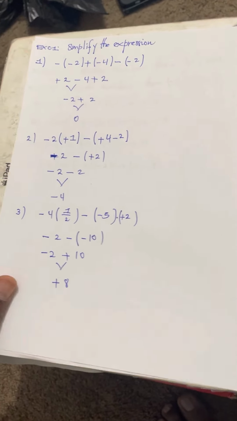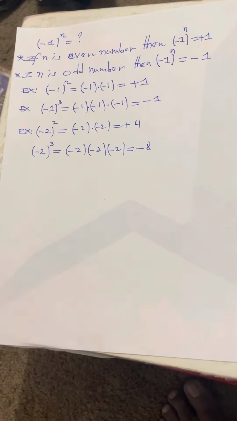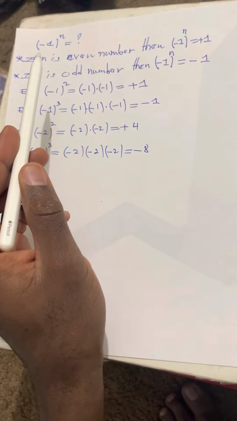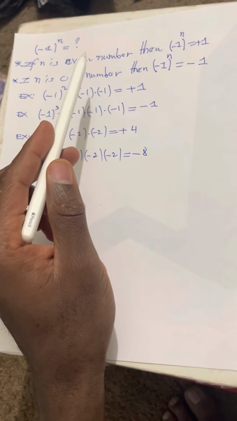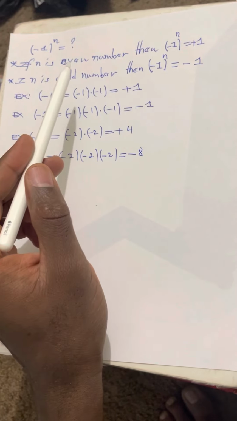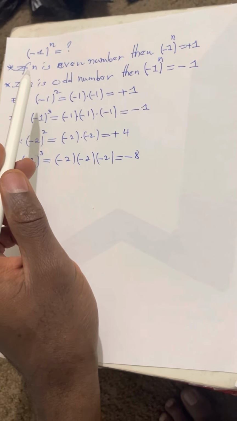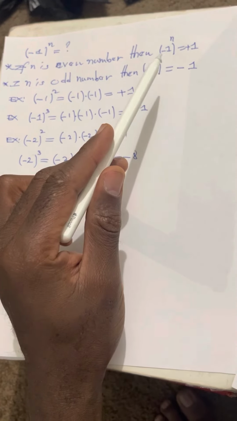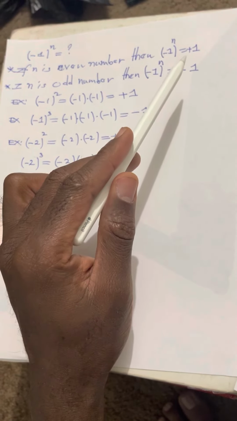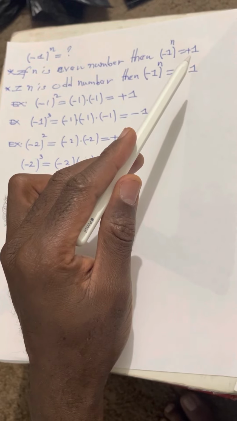So basically, that's a little technique for how to study the sign. So another issue, what if I have minus 1 to the power n? That equals what? Well, we have to discuss the value of n. If n is an even number, then minus 1 to the power n comes out as positive 1.